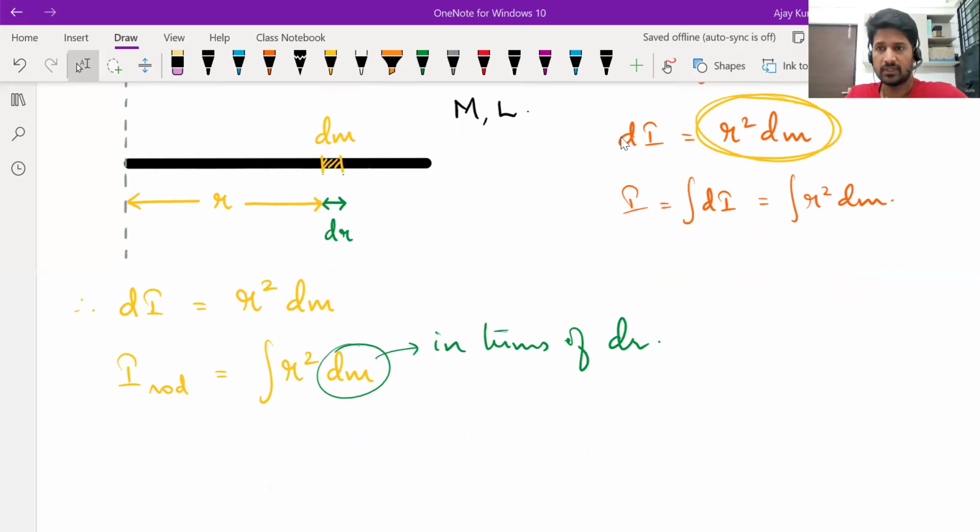While deriving position of center of mass, whenever we had to express the mass of an element, what did we do? We first look at what kind of mass distribution it is.